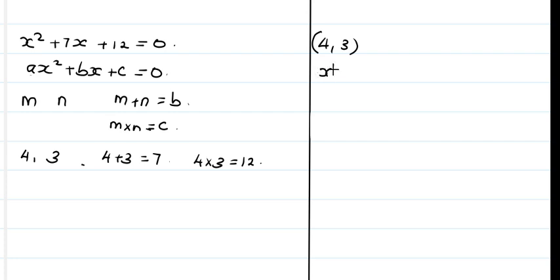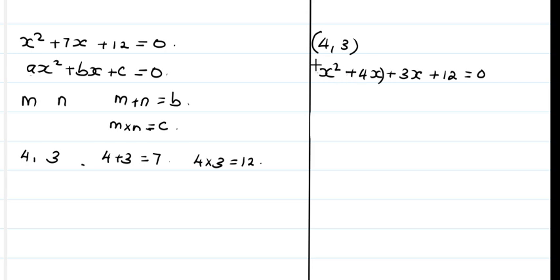So it becomes x squared plus 4x plus 3x. Look, I took the 7x and simplified it as 4x plus 3x, which would otherwise be 7x. So I replaced it with these two numbers, then plus our c, which was 12, is equal to 0.